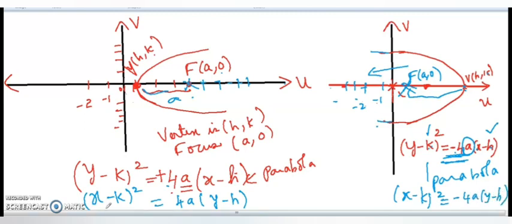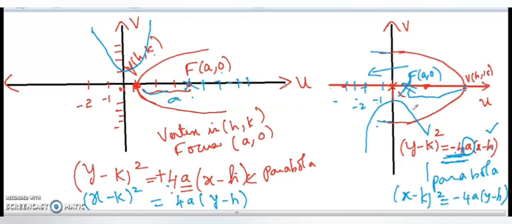So if you have x minus k whole square, then it is along the positive side of v axis, and the graph will be like this. If you have minus, then it will be like this, on the negative side of the axis. So it's enough if you understand the first case.